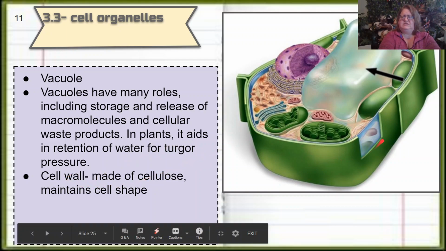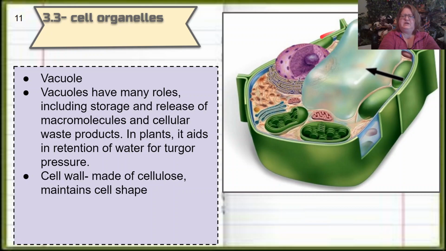The cell wall is this very thick green structure surrounding the cell membrane. At least this type of cell wall we see in plants is made of cellulose, and it helps maintain the shape and rigidity of plants, the plant stems and leaves. That's what helps keep their shape.